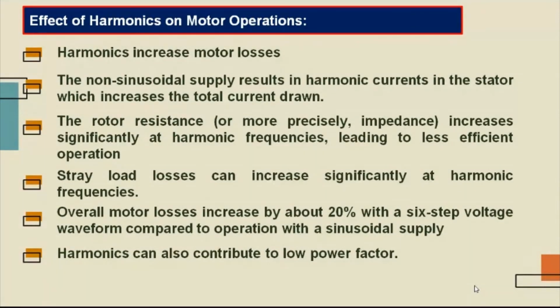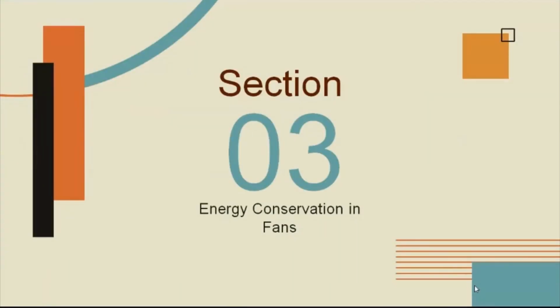Now let us move on to the next part, that is the energy conservation in fans. There are two topics related to this. One is in fans and the other is in pumps, and we will end up with our unit number 5.